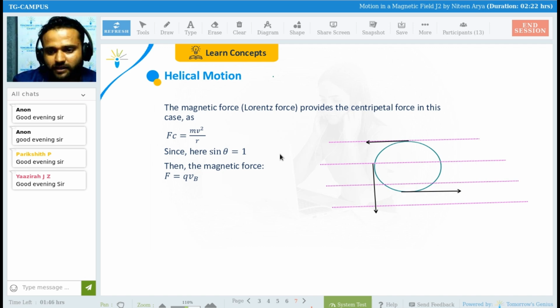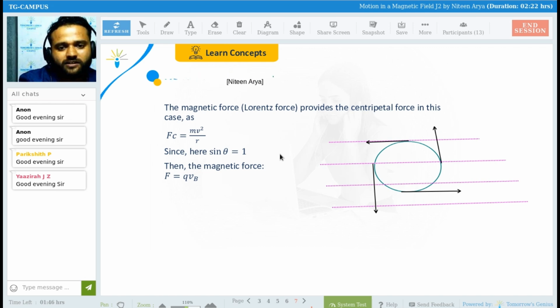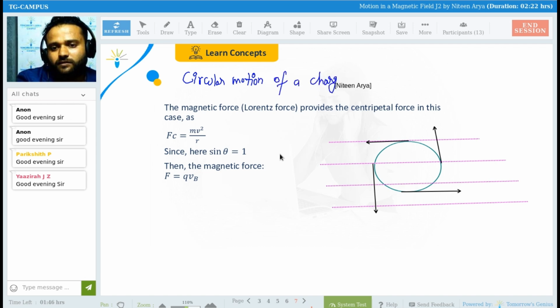This is not for helical, it is for periodic motion, or circular motion. Misprint, it is going to be circular motion of a charged particle.